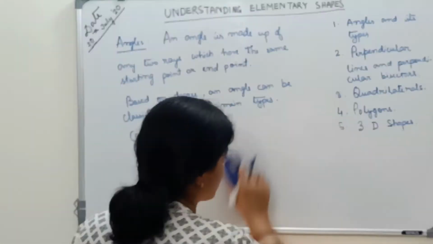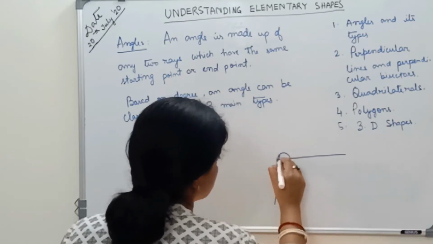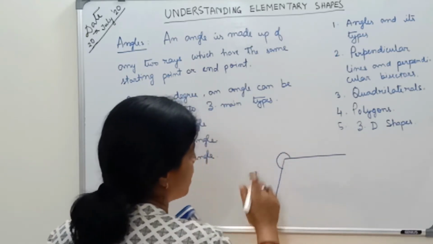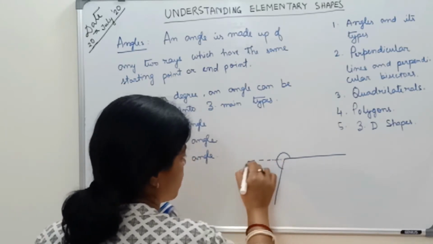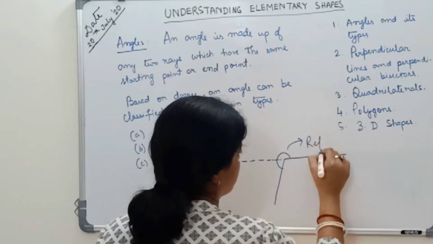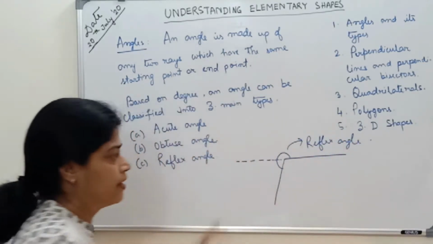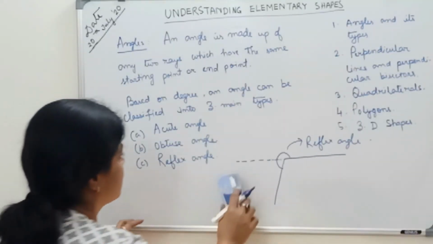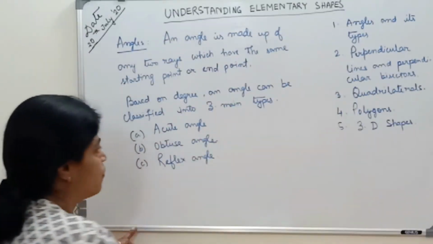And a reflex angle is an angle which is more than 180 degree. This is 180 degree, so more than 180 degree is called a reflex angle. Okay, clear?